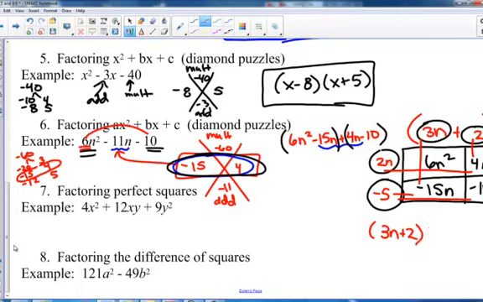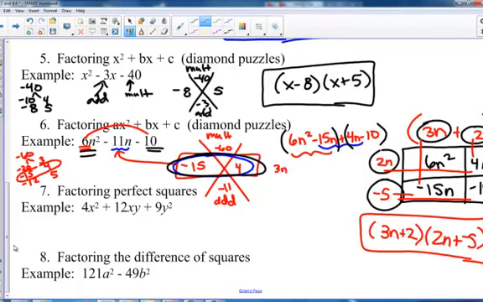So my factor is 3n plus 2, and then 2n plus negative 5, or you could have 2n minus 5. If you did the grouping, the greatest common factor here is 3n. We're left over with 2n minus 5. The greatest common factor here is 2.